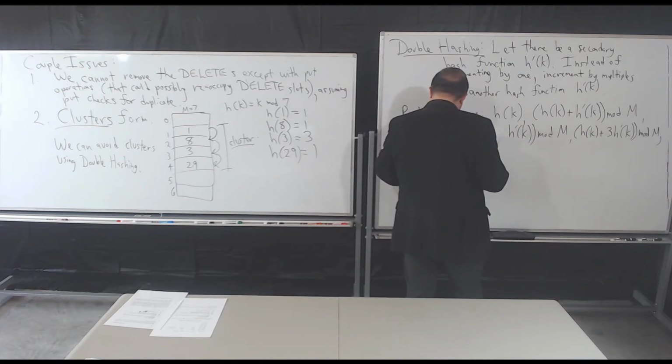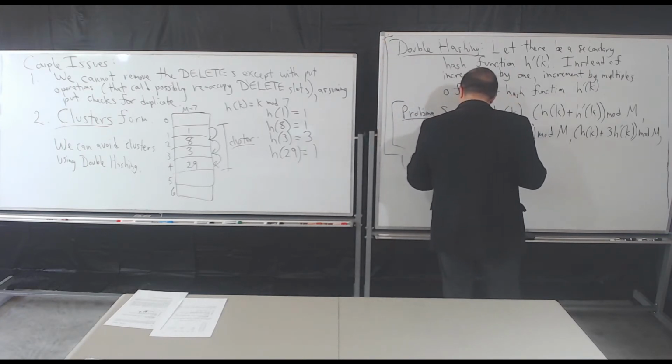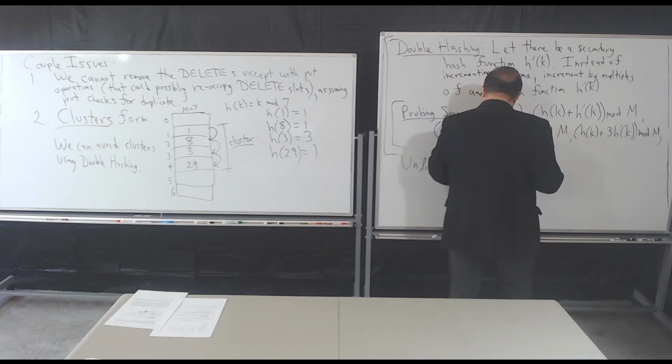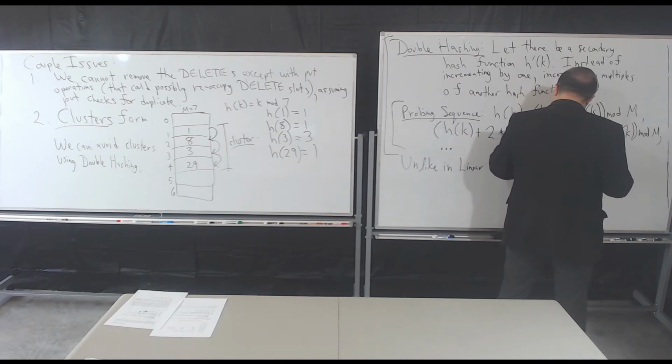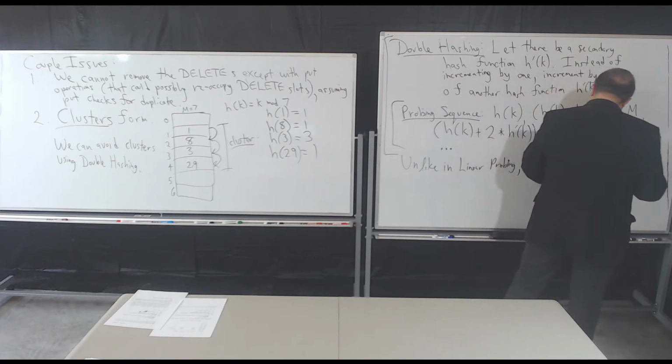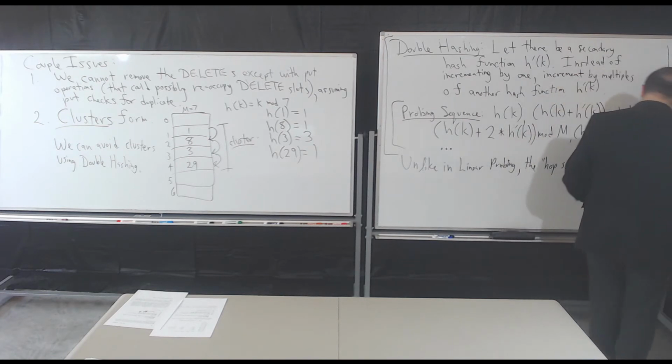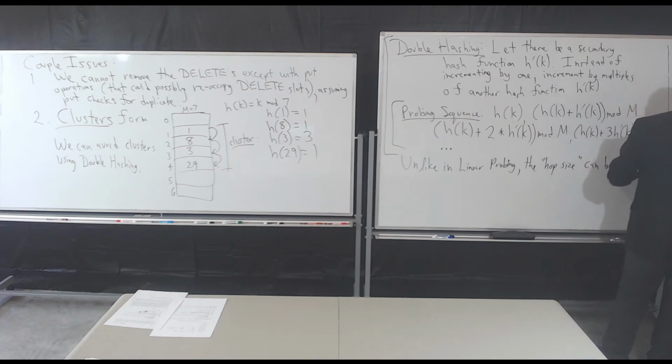So that's the probing sequence, this is double hashing. Unlike in linear probing, the hop size, remember that's how much the little bunny can hop, it can be different sizes.